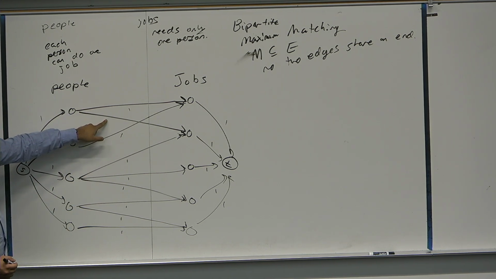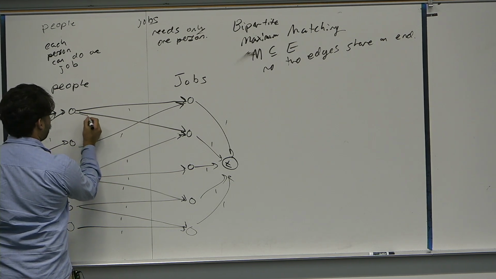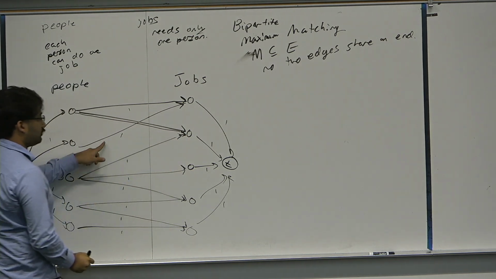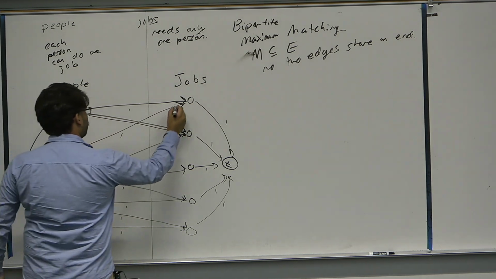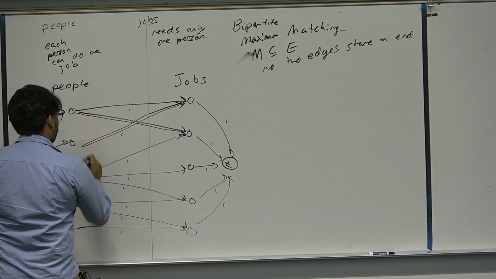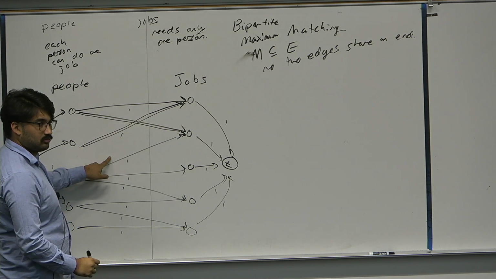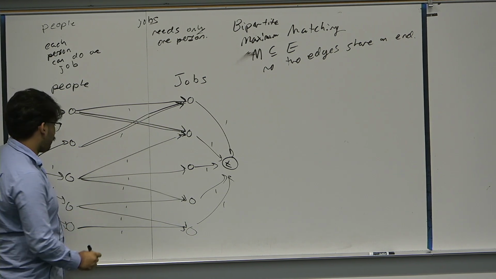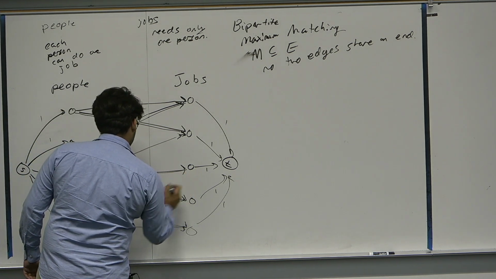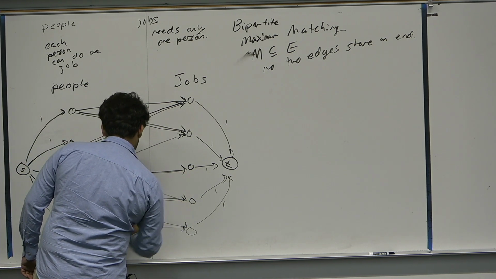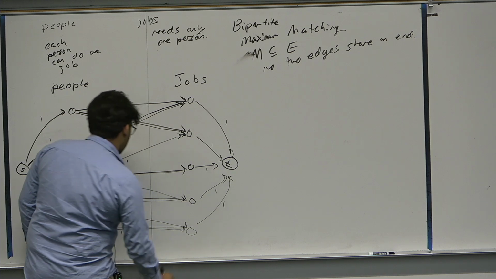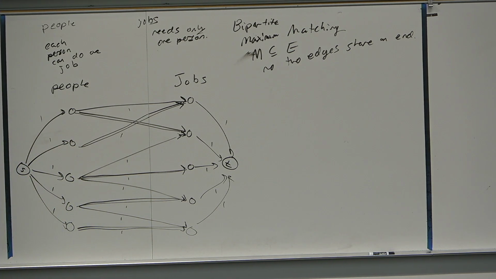This one. Okay. This one? Okay. This one. Everybody else go straight. This one? Yeah. And then the straight ones. Perfect. Okay. That is a matching. It's actually very difficult to see that.